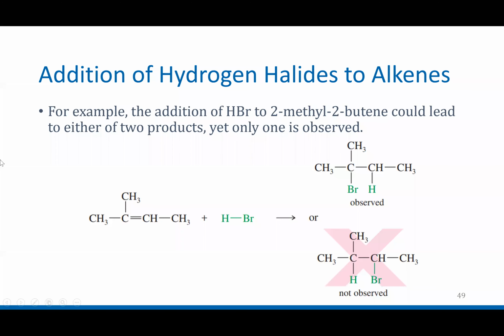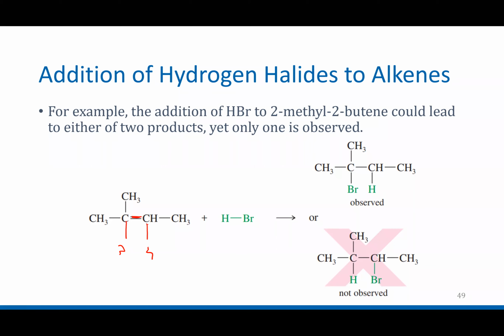So let's look at the reaction of 2-methyl-2-butene with HBr. In theory, if you think about what's happening, this double bond here is going to break, right? That's the whole point of the reactions of alkenes and alkynes. The double bond breaks and will form new bonds with something else.